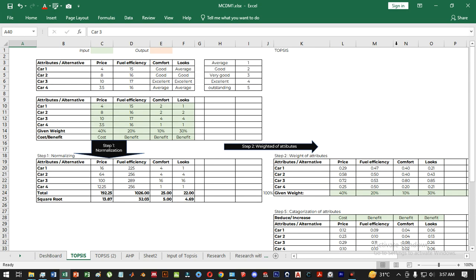This is the way TOPSIS is conducted. And suppose you want to buy mobile phones, then this way is so much efficient. TOPSIS is one of the widely used methods in multiple areas.